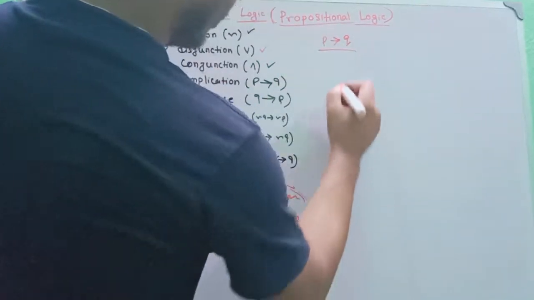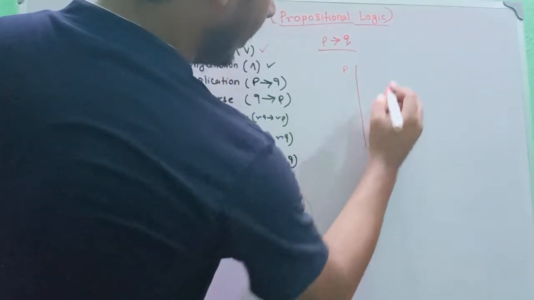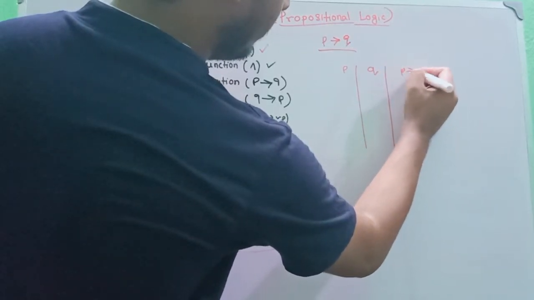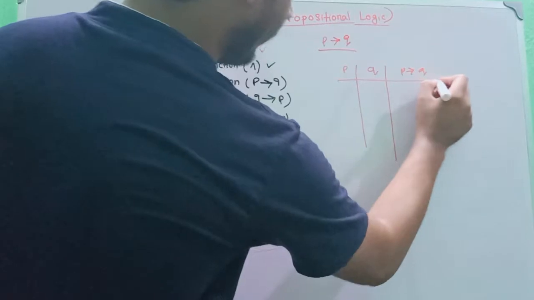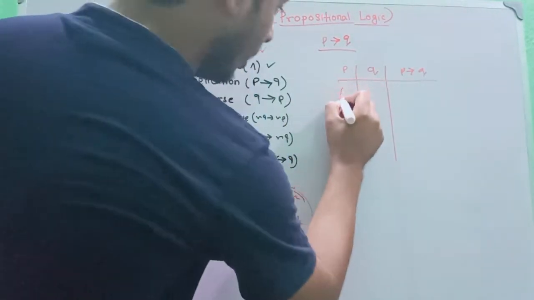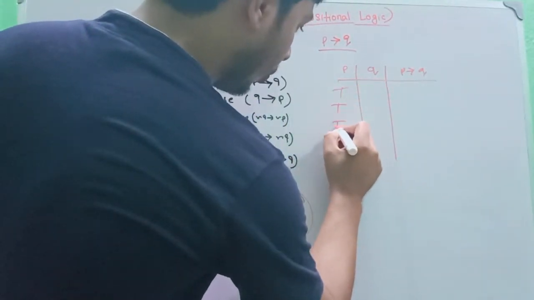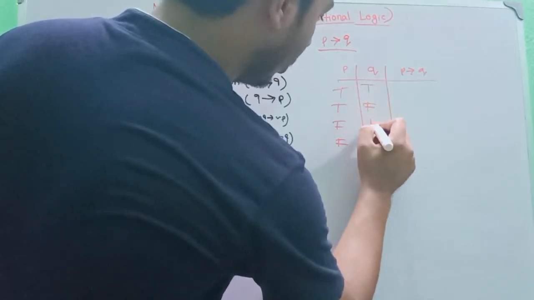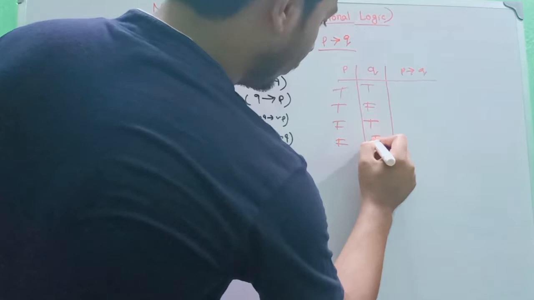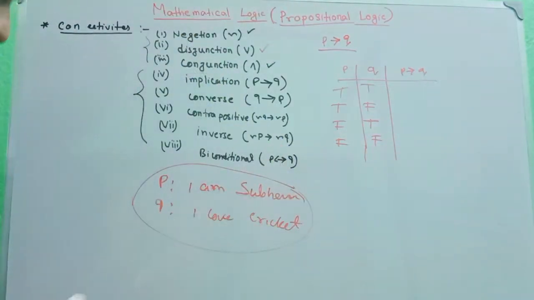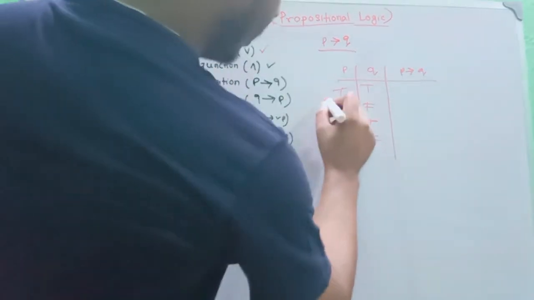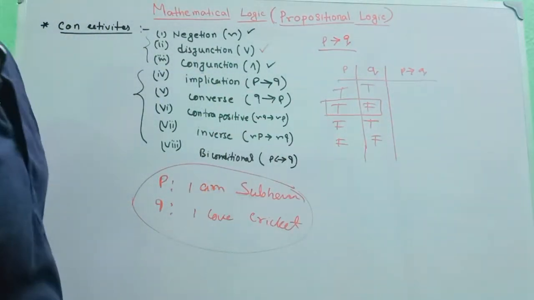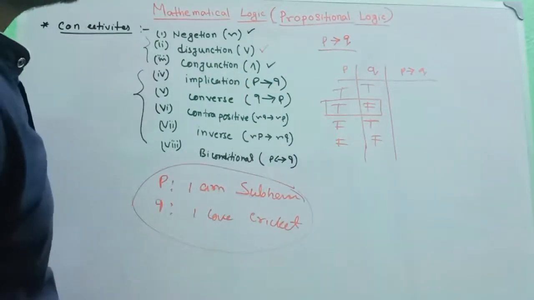So suppose this is P, this is Q, this is P implies Q. That means true, true, false, false, true, false, true, false. You just remember only when P is true, Q is false, then implication will be false.